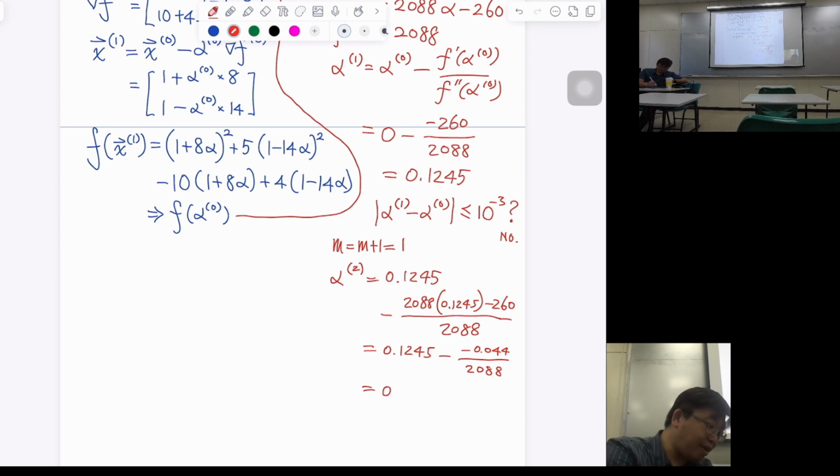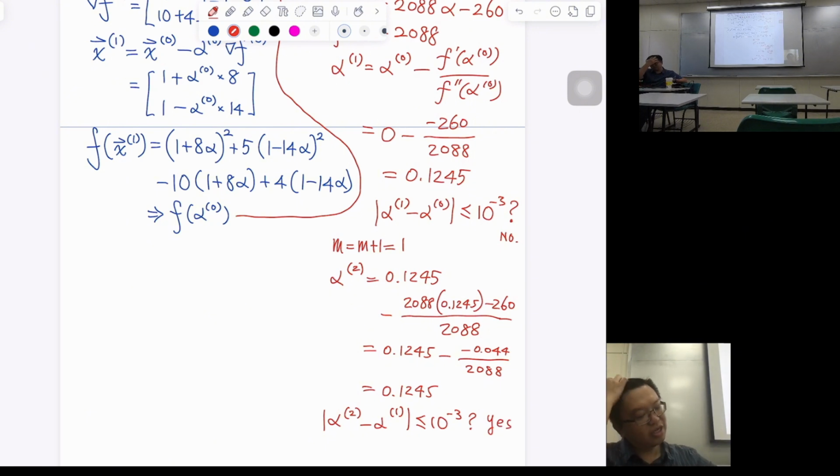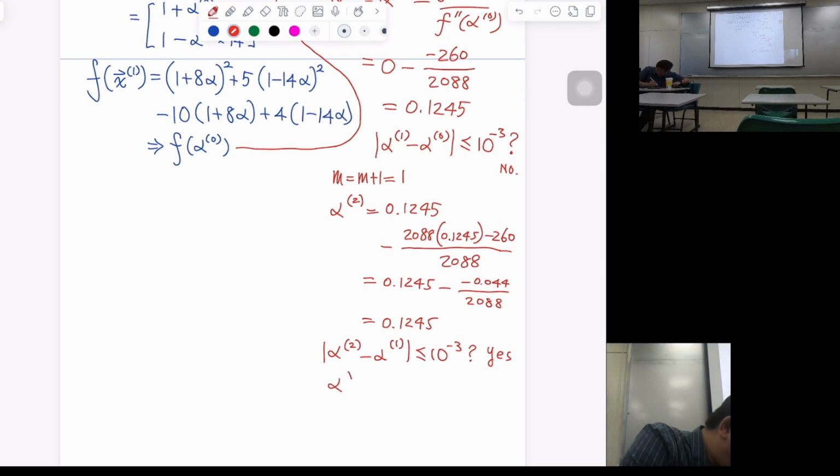It's almost the same. So for the convergence check, is alpha 2 minus alpha 1 smaller than 10 to the power of 3? Yes, because they are the same value, right? So converged. Now the alpha star equals alpha 2, which is 0.1245.